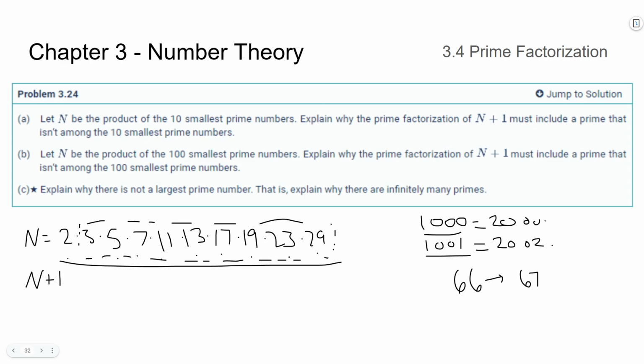If you're curious, by the way, in this scenario, n was equal to 6,469,693,230. So this really big number is the product of all of these prime numbers. And then plus 1, it would just end in 31 instead.